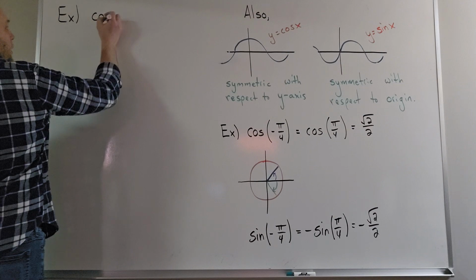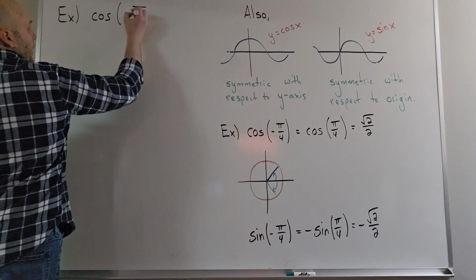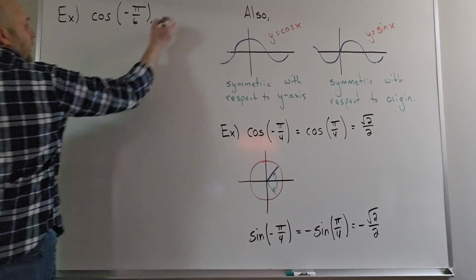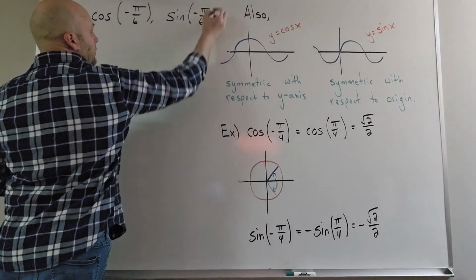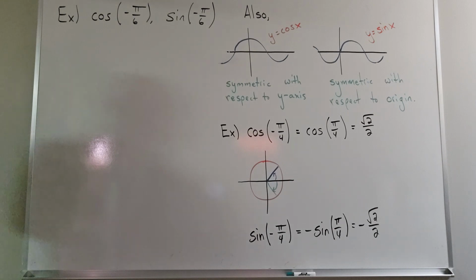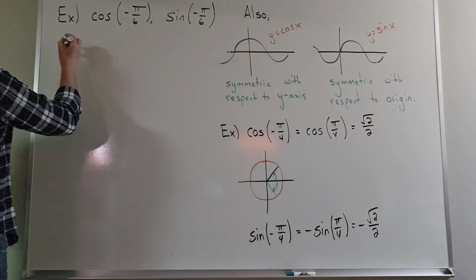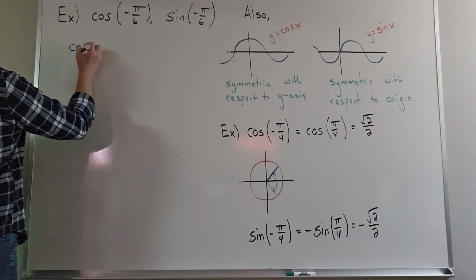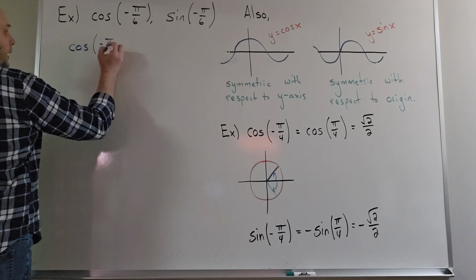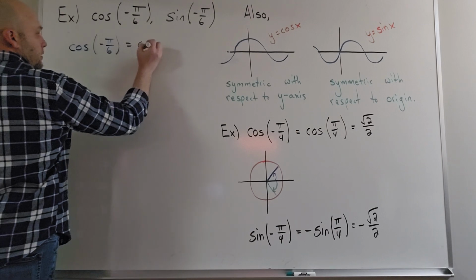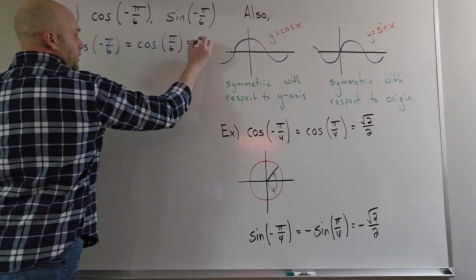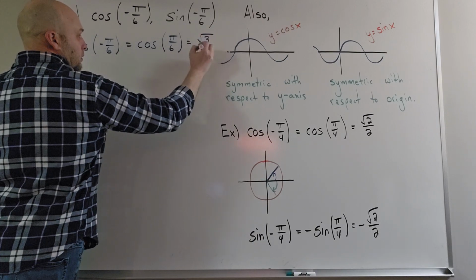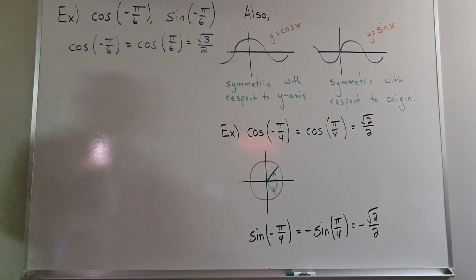Okay, let's find the cosine of negative pi over 6 and the sine of negative pi over 6. The cosine of negative pi over 6 is the same thing as the cosine of positive pi over 6, which is root 3 over 2.